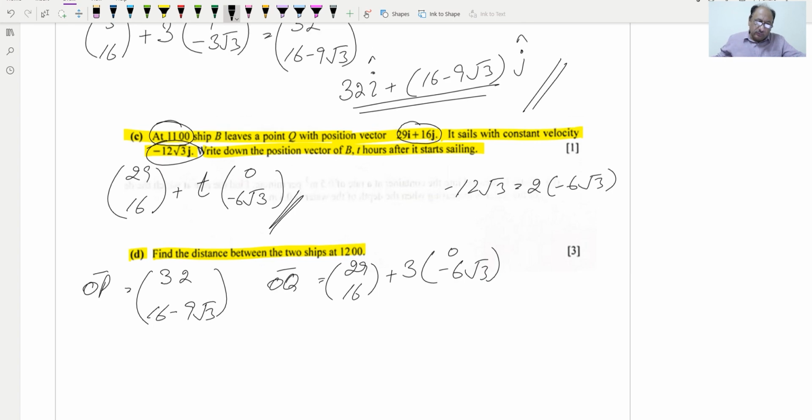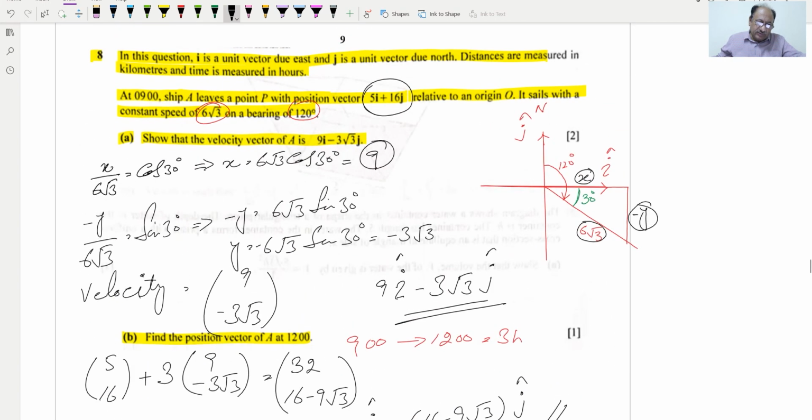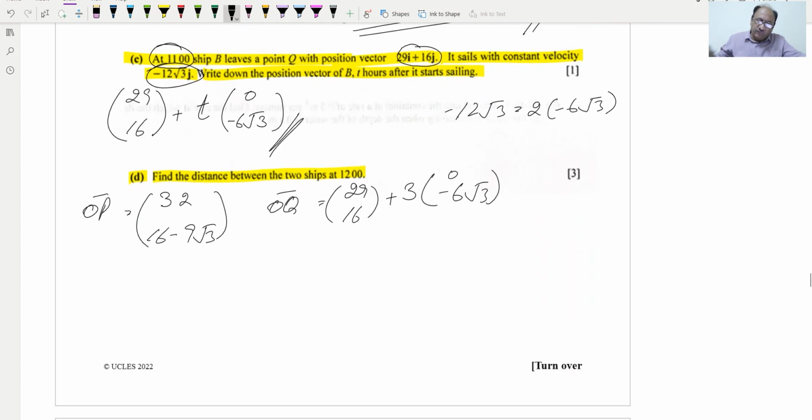So from 9 to 12, it is at 9, it is at this position, so we have taken from this 3 because it's starting from 9.